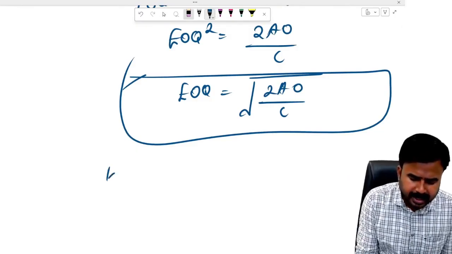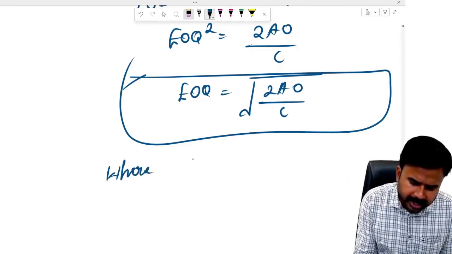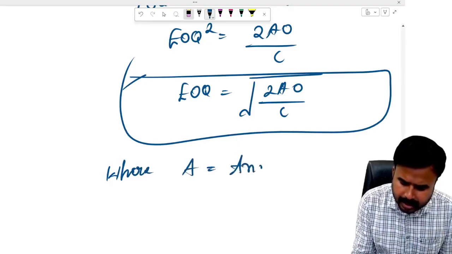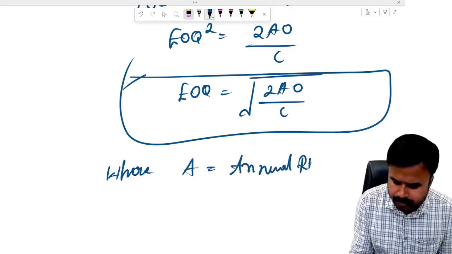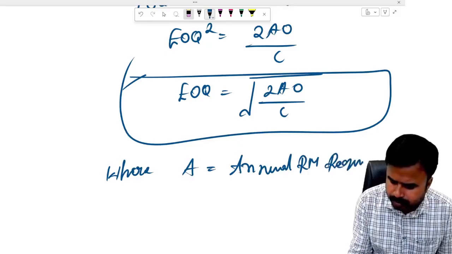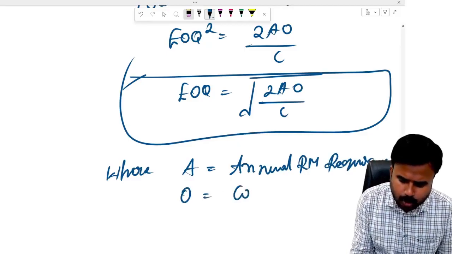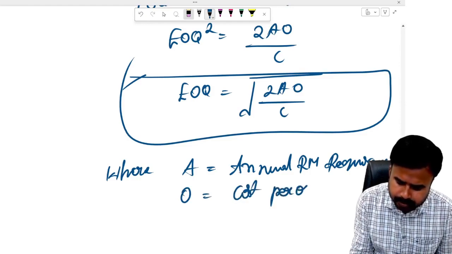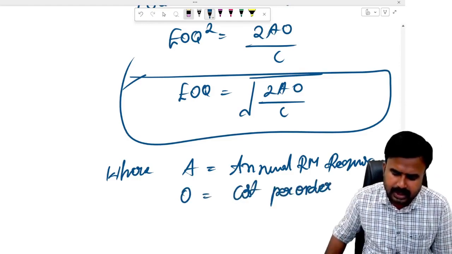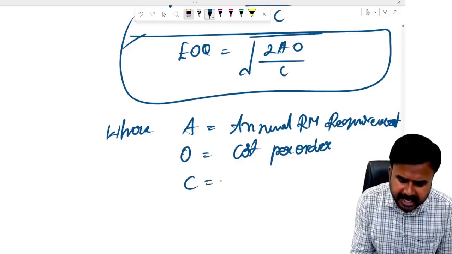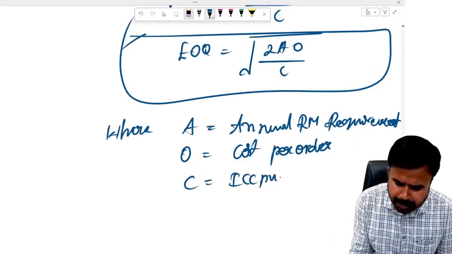You know what is A? Just now I told you, A is equal to annual raw material requirement. O is equal to cost per order. C is equal to inventory carrying cost per unit per annum, ICC per unit per annum.